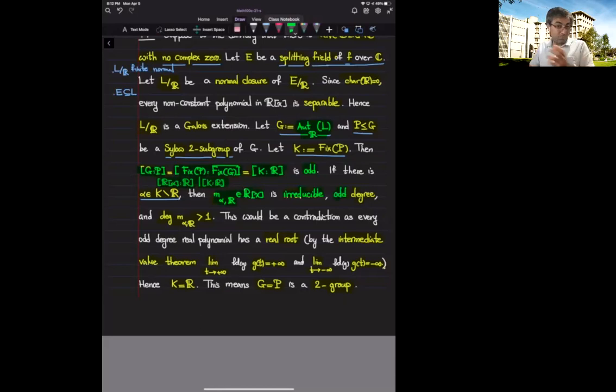That's why we wanted to get an odd degree extension of real numbers, because there is no such extension except the real numbers themselves.